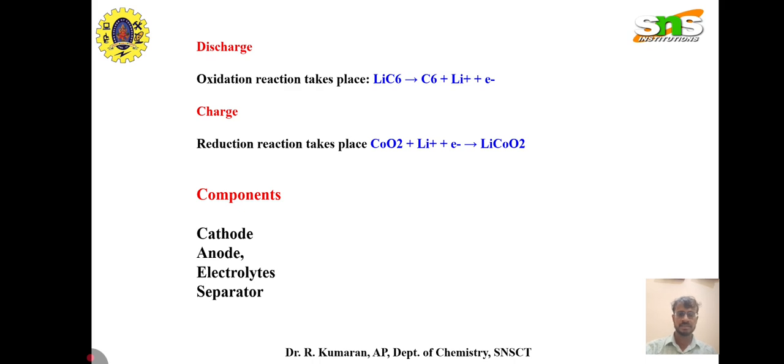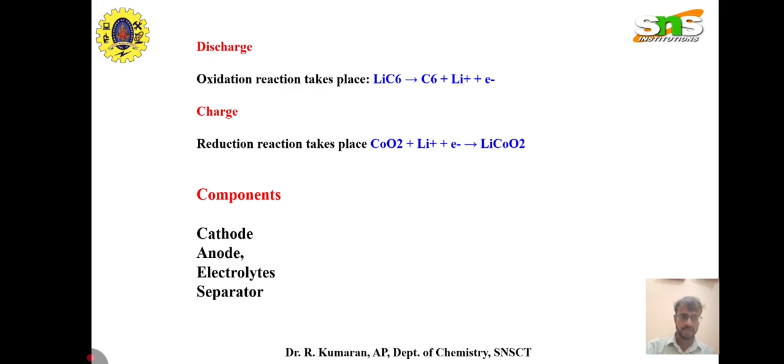Here the discharge and charging reactions are shown. Oxidation reaction takes place here using LiC6 material, and lithium ions are discharged from LiC6 and electrons are produced here, and reduction reaction takes place here.